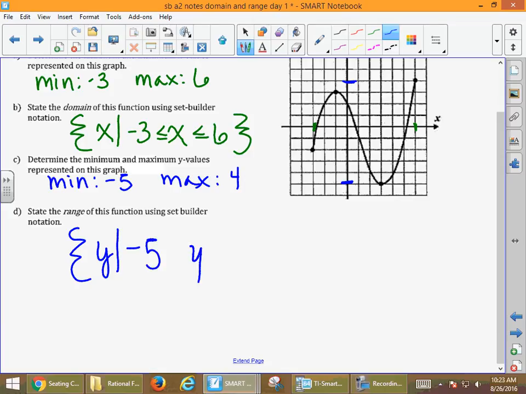And y is going to be in between -5 and 4. And it's going to be smaller than 4 and bigger than -5. Notice our symbols on that notation.